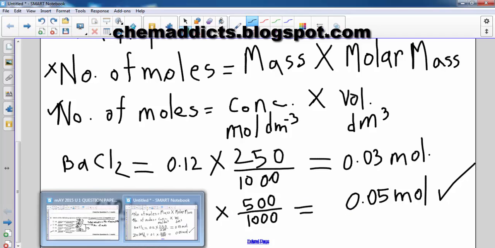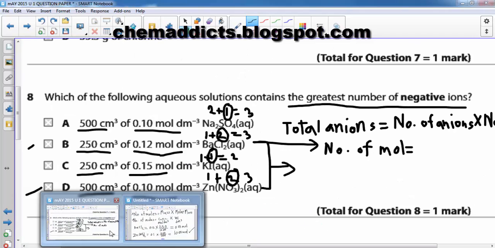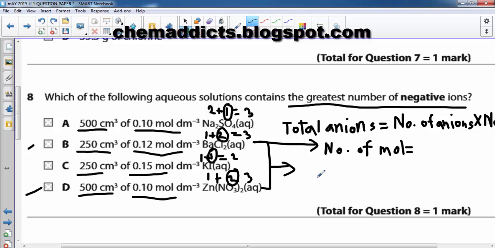So the mole is 0.05, and the total number of anions is 2.